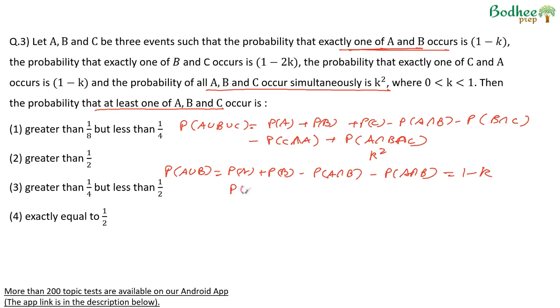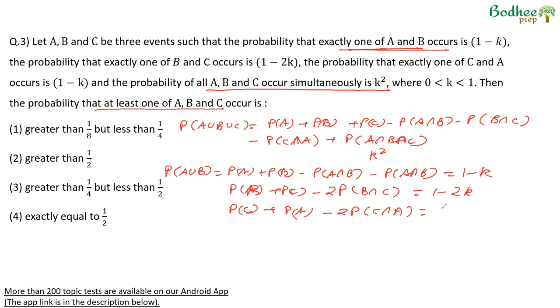Similarly, P of B plus P of C minus 2 times P of B intersection C is 1 minus 2k. P of C plus P of A, exactly one of C and A, minus 2 times P C intersection A is equal to 1 minus k.